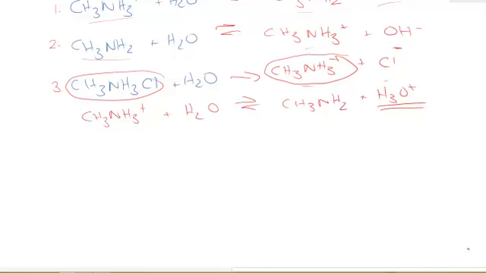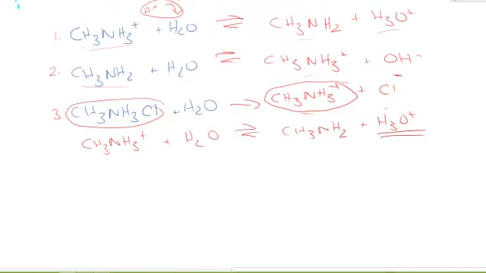Just one final point. If you're being asked to discuss some of these in terms of whether they're acidic or basic, you include the equation, you talk about the partial or complete dissociation depending on the case, but then it's important to make reference to what species are forming. For instance, why is this salt acidic?